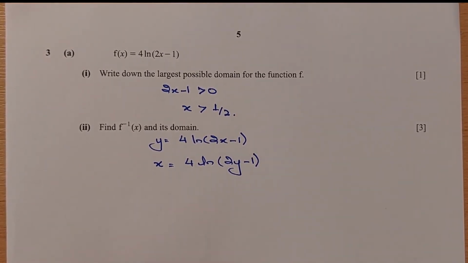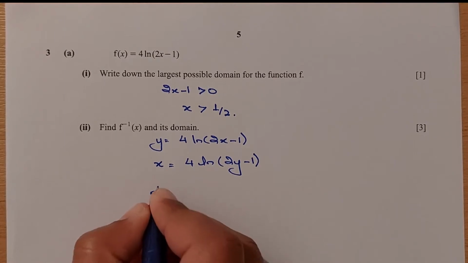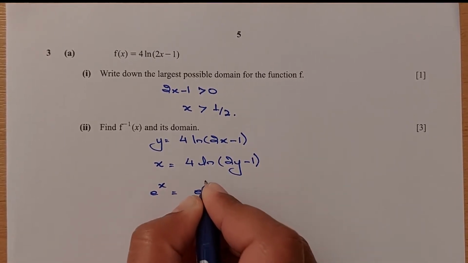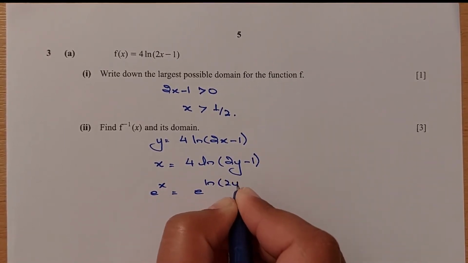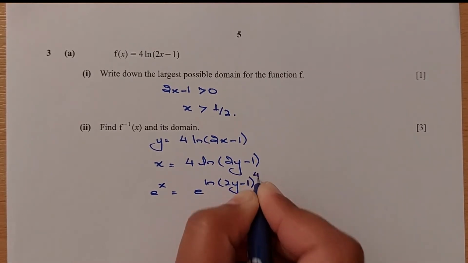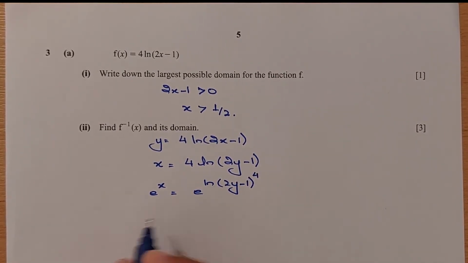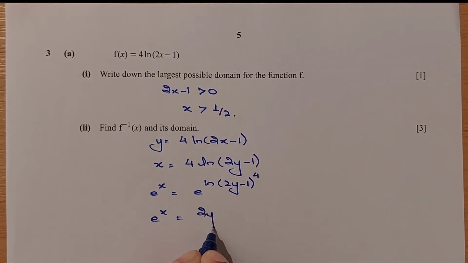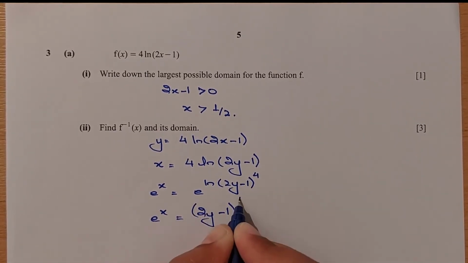And in the next step, we have to solve for y. So taking exponential on both sides, e^x equals e^(ln((2y - 1)^4)). So e and natural log will cancel out. So e^x equals (2y - 1)^4.